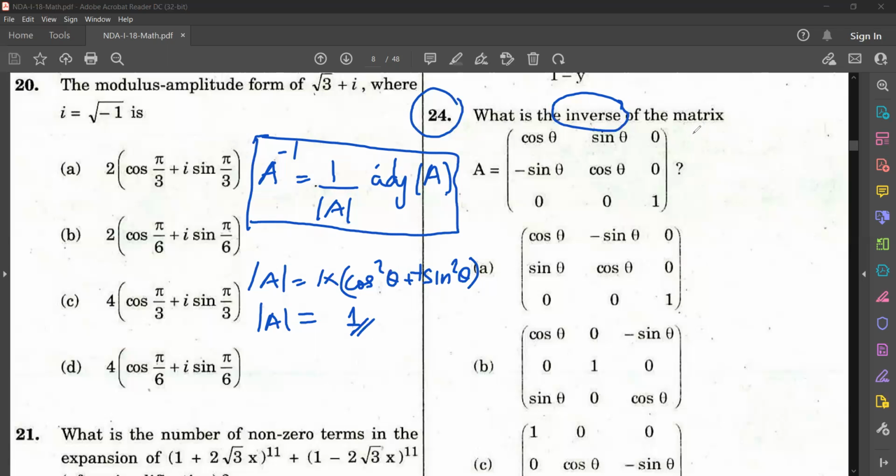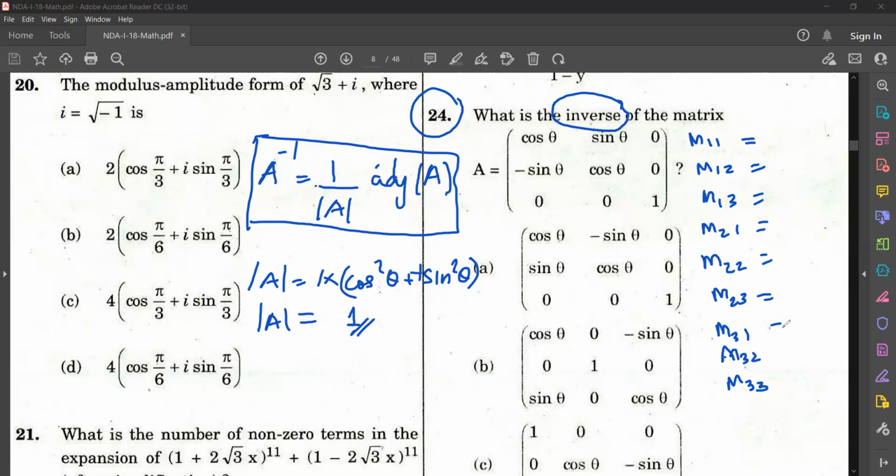So first we'll find the minors: M11, M12, M13, M21, M22, M23, M31, M32, M33. For every element, you have to find minor first. So first take the first element, remove the first column, first row, then cos theta minus 0. So that is cos theta.